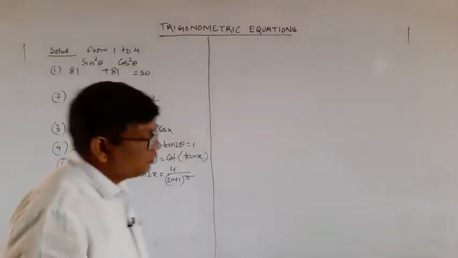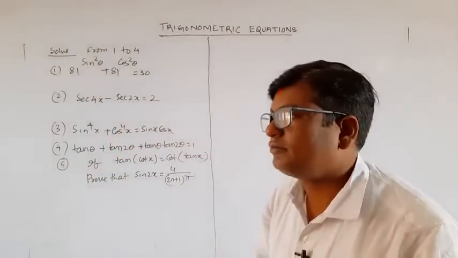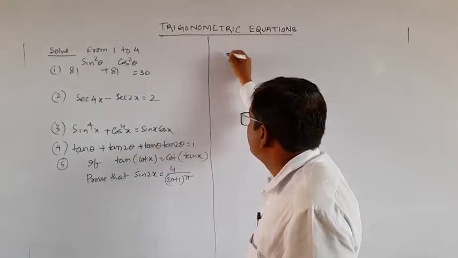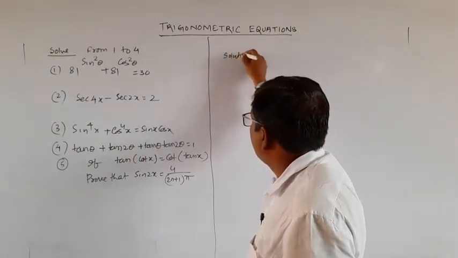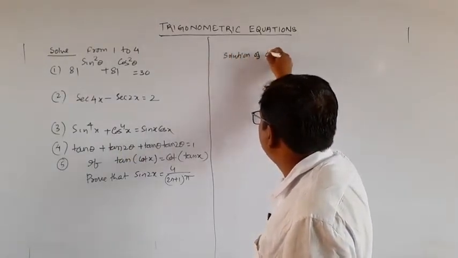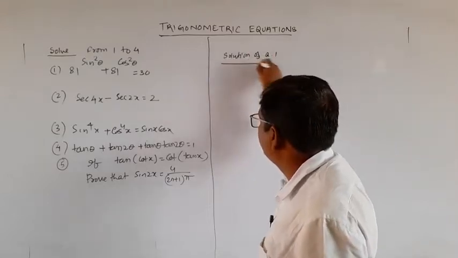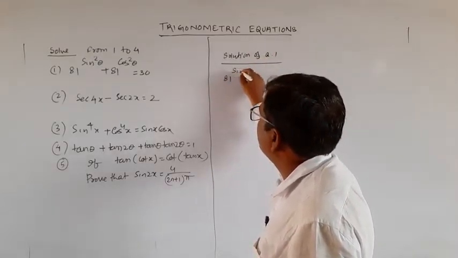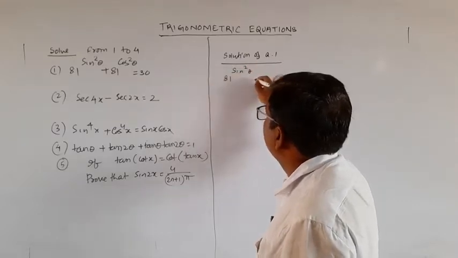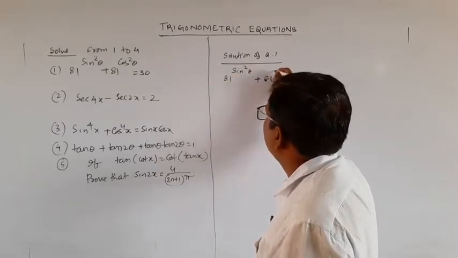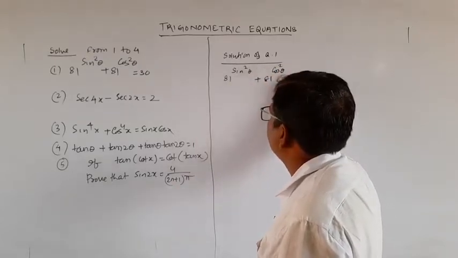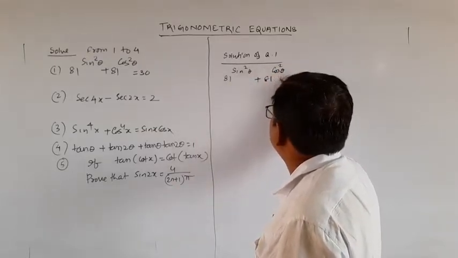Now question number 1 is 81 to the power sin square theta plus 81 to the power cos square theta is equal to 30.